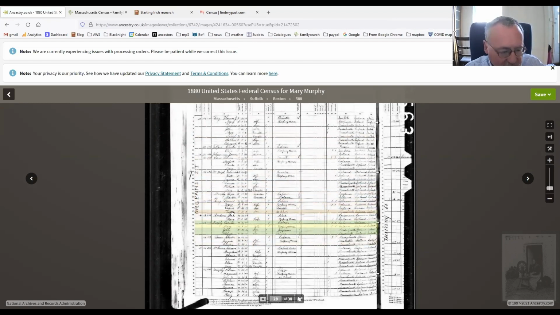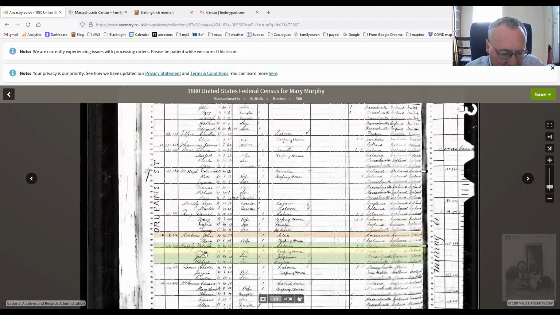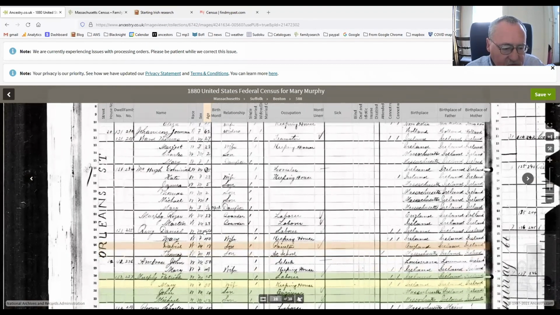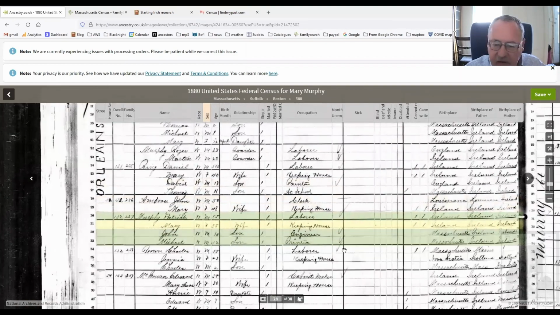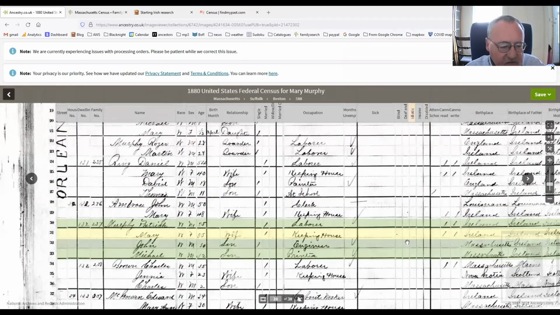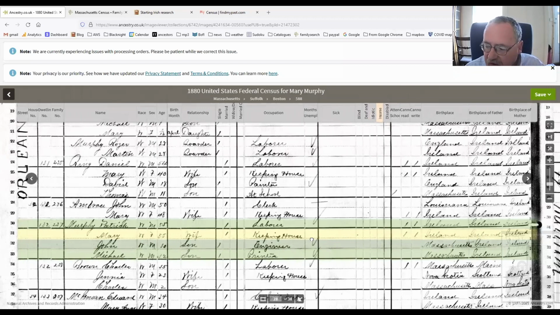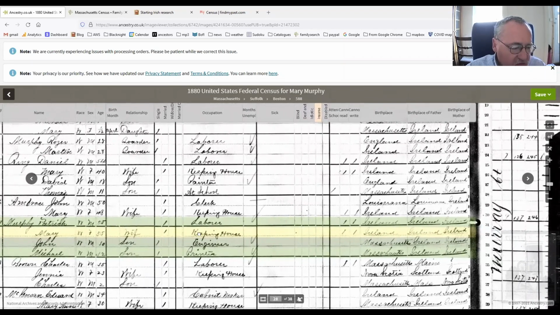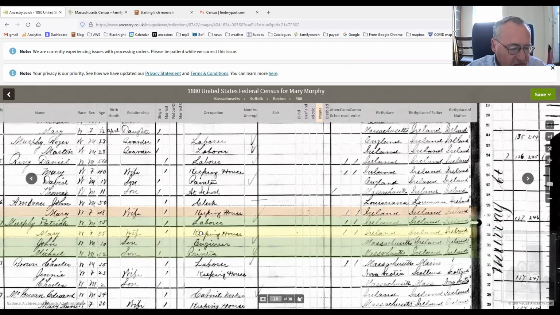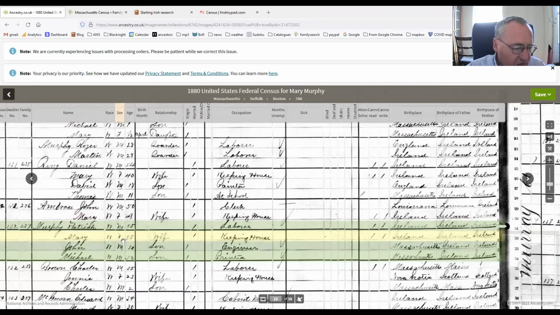enumerators' returns. They very handily highlight the one you're interested in. So there's a Patrick Murphy, a Mary Murphy, a John Murphy, and a Michael Murphy. And if these are your ancestors, God help you. You can see, again, one of the things you can work out from the census: Patrick is 55, Mary is 55.